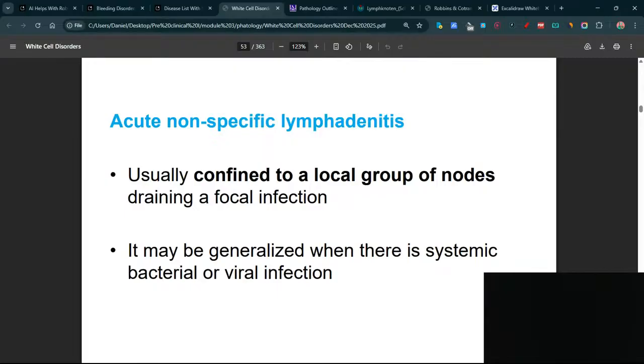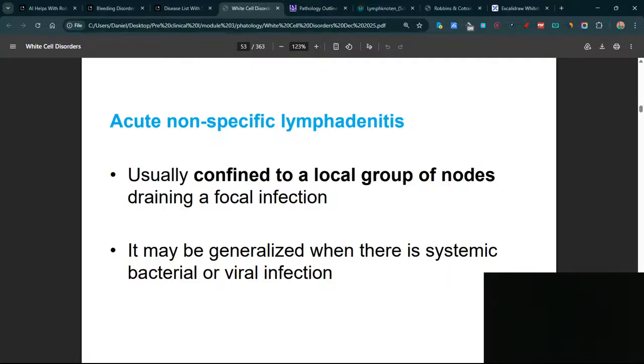What does local mean? A group of nodes draining a focal infection. It may be generalized when there is a systemic bacterial or viral infection. So it is confined to a local group of nodes draining a focal infection.